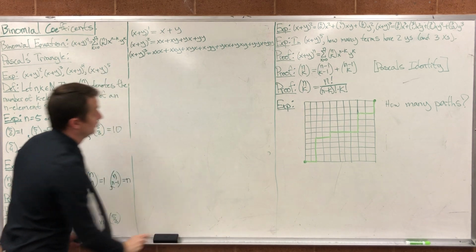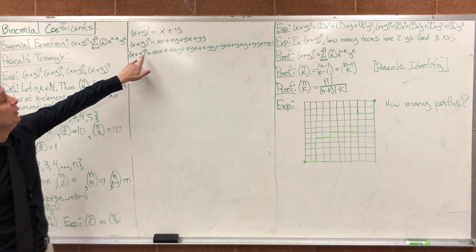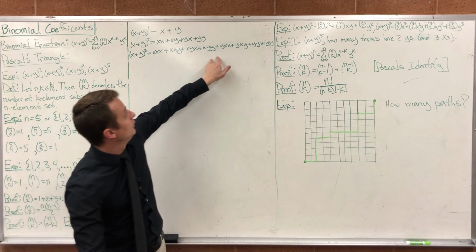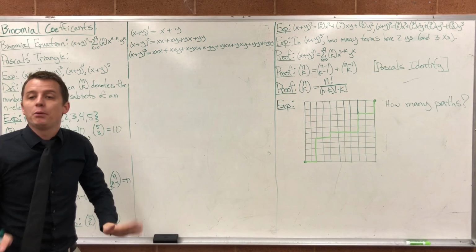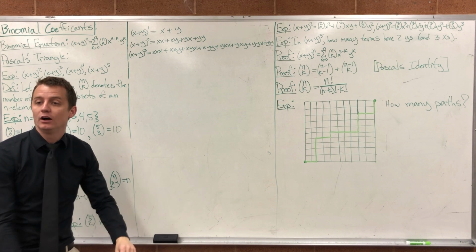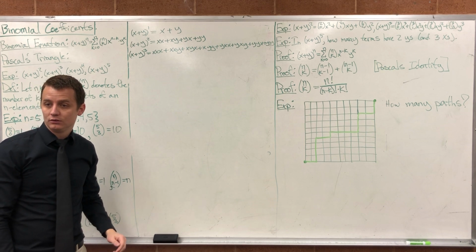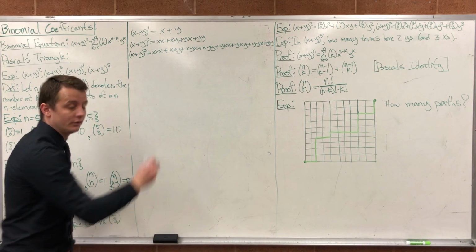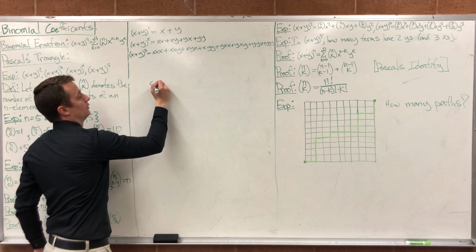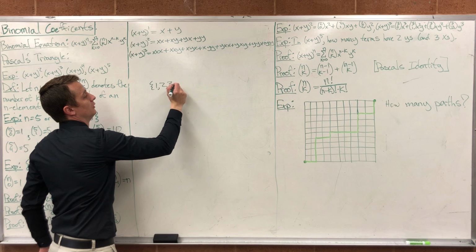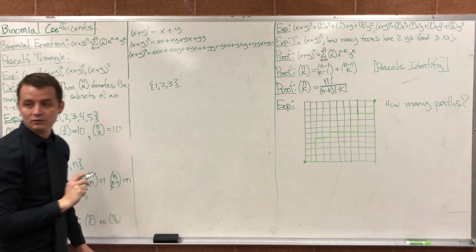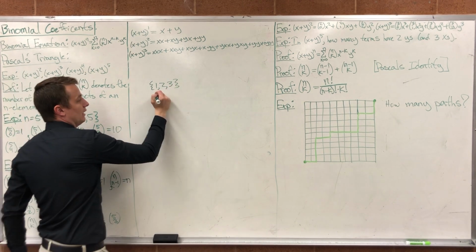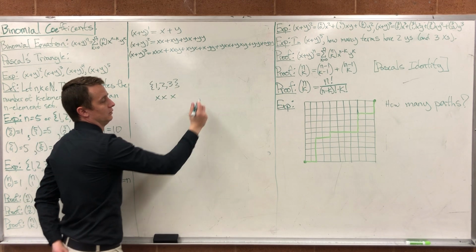So same thing here. We can think about each one of these terms as representing one of the possible 8 subsets of a 3-element set. If we had a 3-element set, the set {1, 2, 3}, then XXX would be which subset?